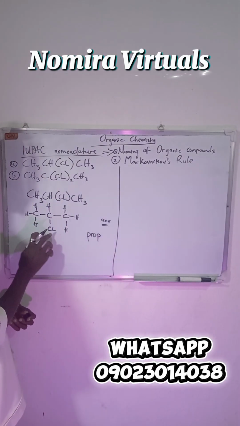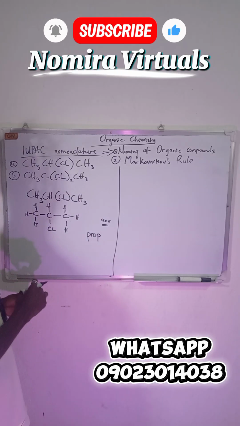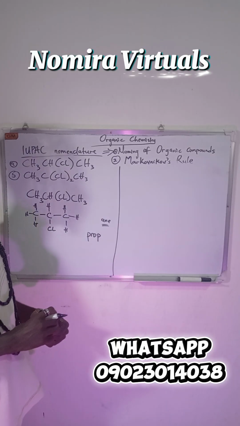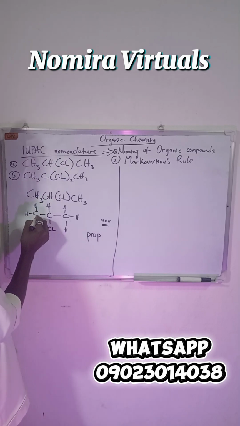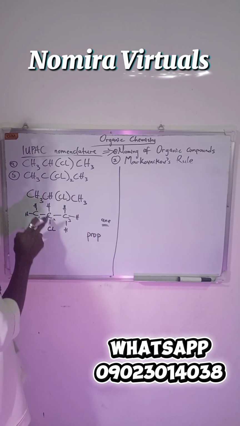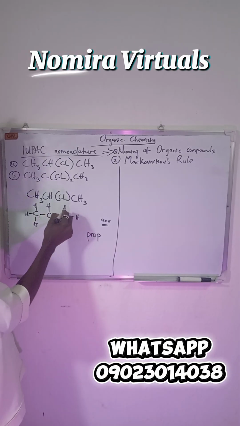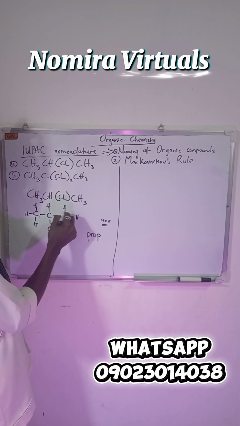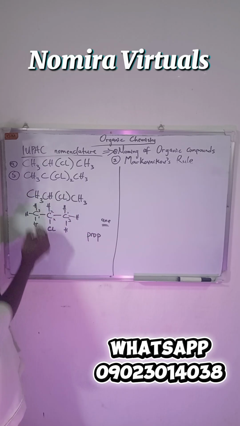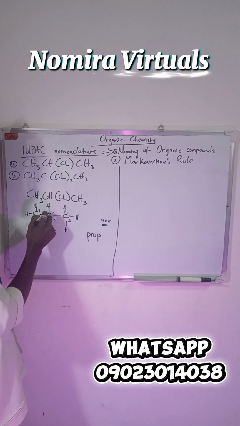Then the next thing is to look for the position of this substituent group, which is a halogen, chlorine. So if we choose to number it this direction, we can still see that the chlorine is bonded to carbon 2. If we choose to number it from this other side, it is still under what?